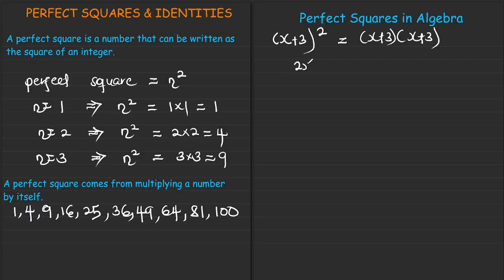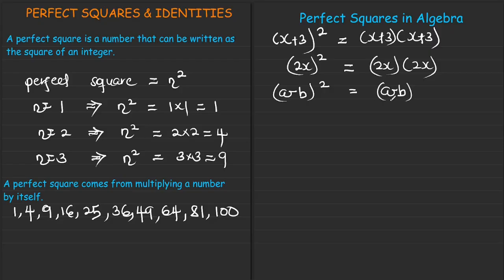So if you have 2x all squared, that gives us 2x times 2x, and that is also a perfect square. a minus b all squared becomes a minus b multiplying itself again. And these are all perfect squares.